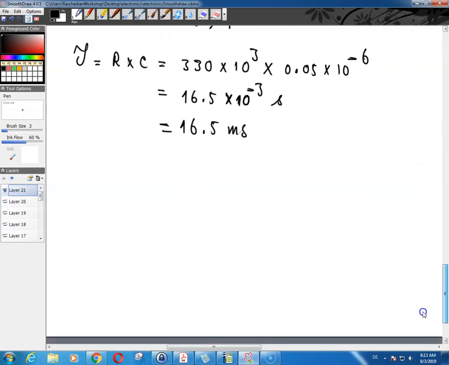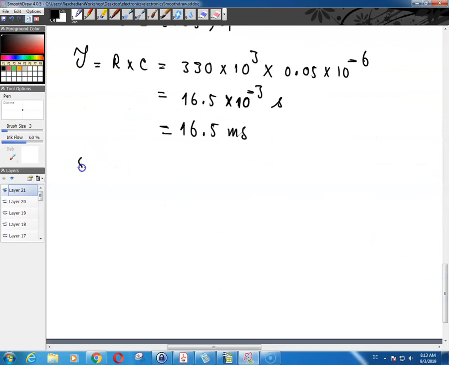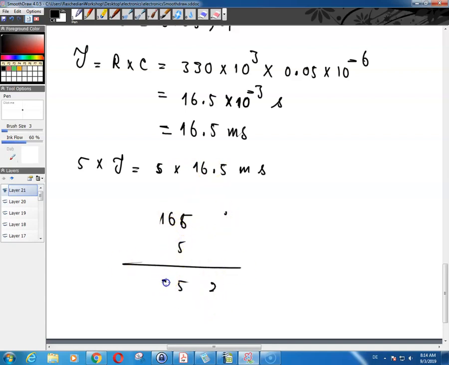So 5 time constants would be 5 times tau, which is equal to 5 times 16.5 milliseconds, which is 82.5 milliseconds.